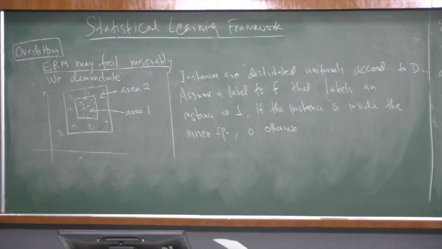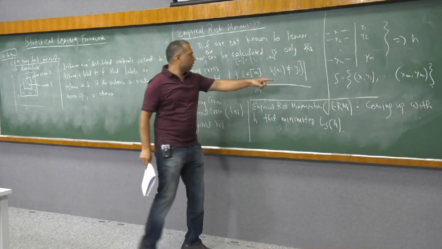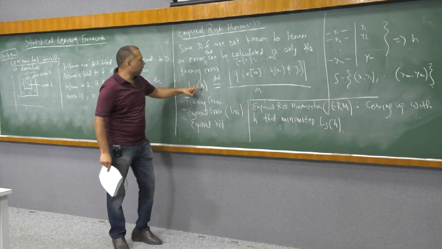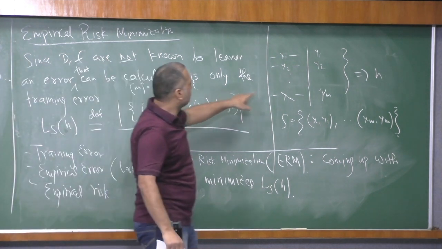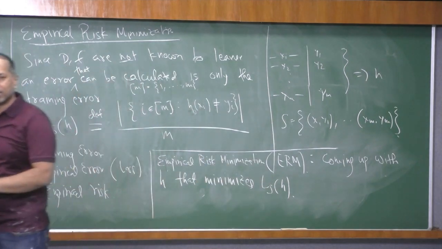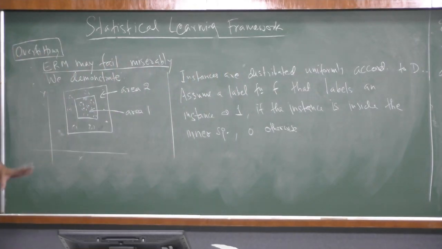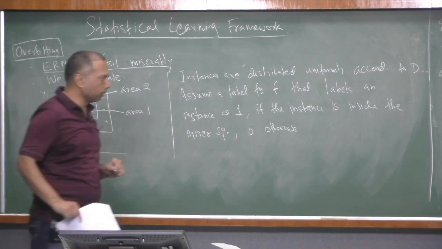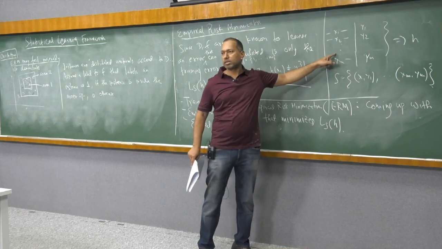What I'm trying to explain is that, given a training data, you may end up producing an H which may be perfect for the training data but fails on the test data. That's another problem when you are working with this type of problem. It is not necessary that you have to be the best.